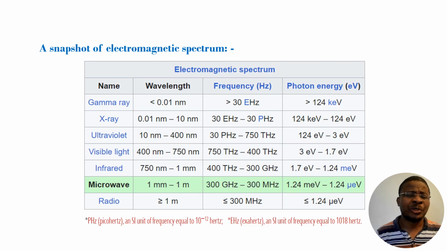Now, in a snapshot of electromagnetic spectrum, we can see that this spectrum is made up of seven important components: from the radio wave, which has the highest wavelength and the lowest frequency, down to the gamma rays, which have the shortest wavelength and the highest frequency, and then traversing the infrared, the microwave, the visible light, and the ultraviolet.